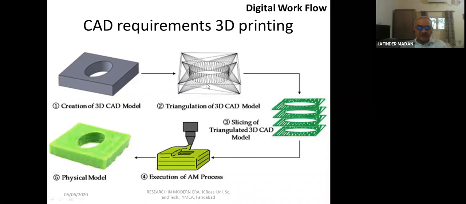And once this triangulated model is available, you are going to create multiple slices of that CAD model by cutting it with the help of planes. Say in this example, you see 1, 2, 3, and 4. This model has been divided into 4 layers. For each layer, you have the outside and inside areas defined, just like you take a knife and cut it.